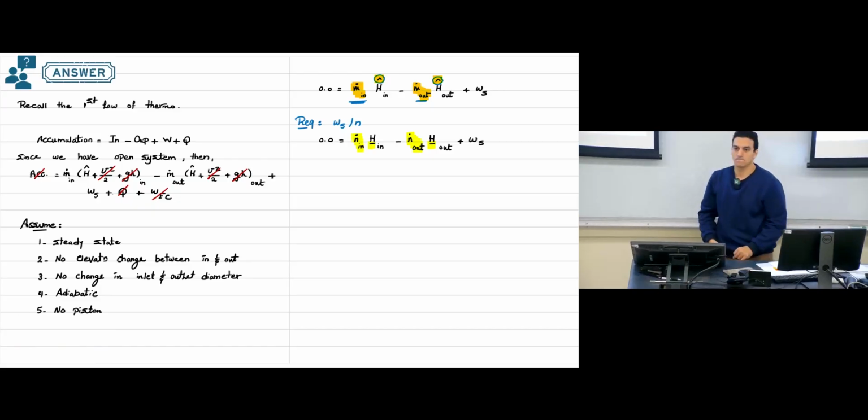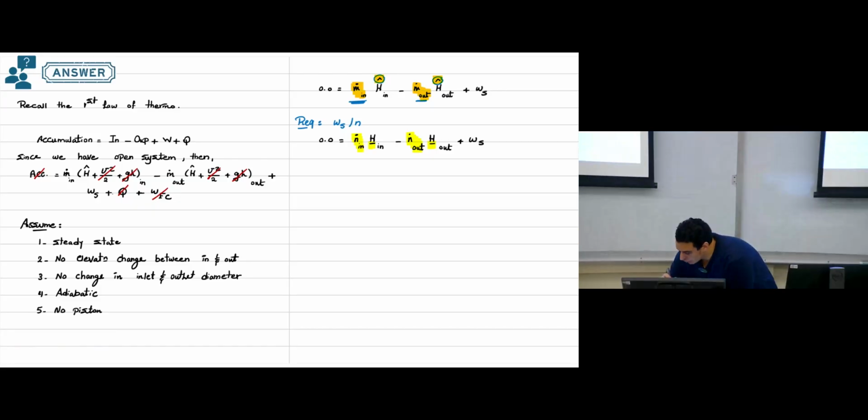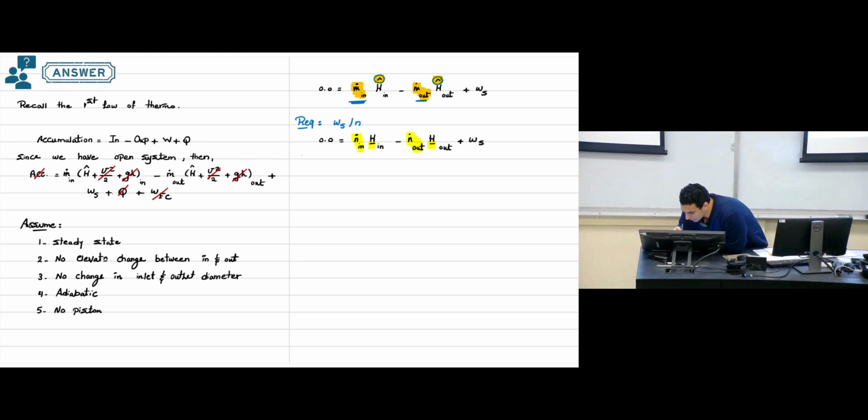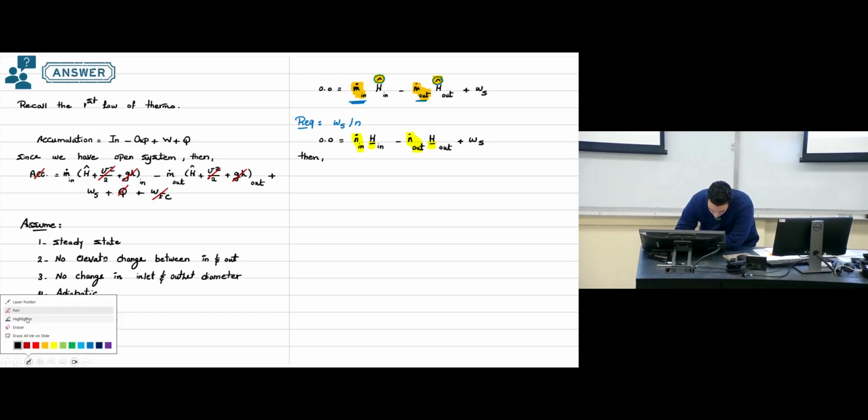Okay, so we can rewrite the equation, and one more thing before putting the equation in this way.